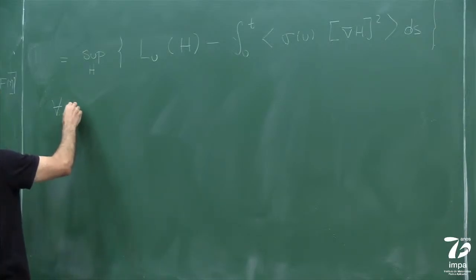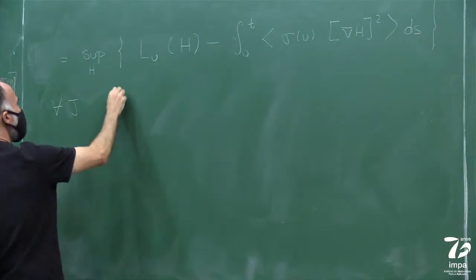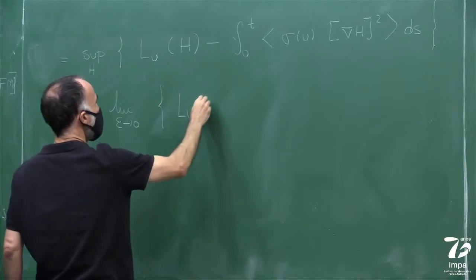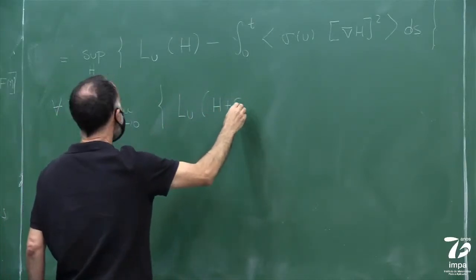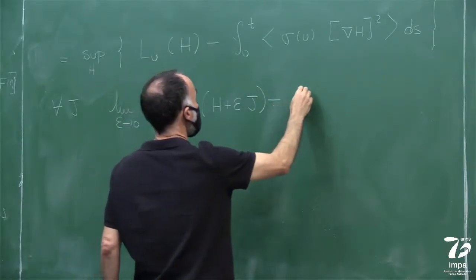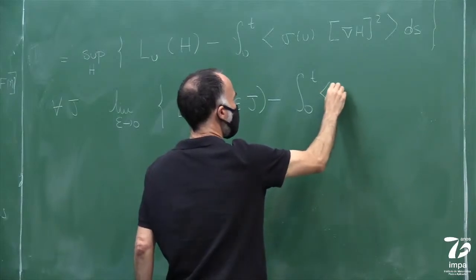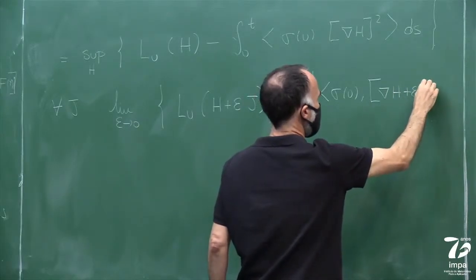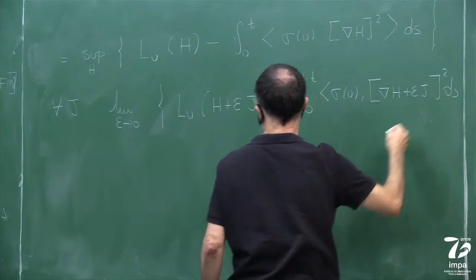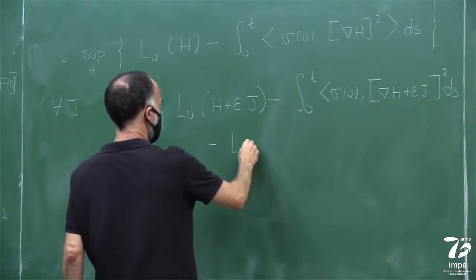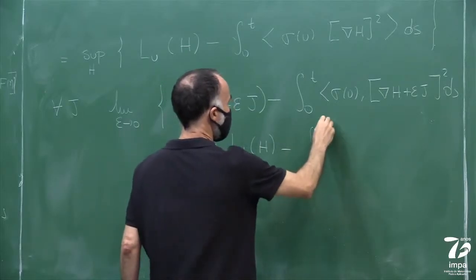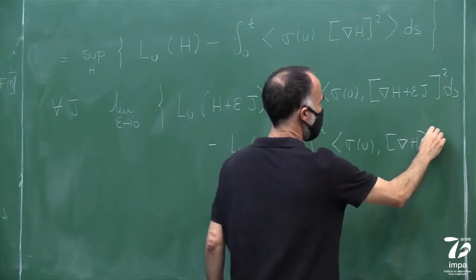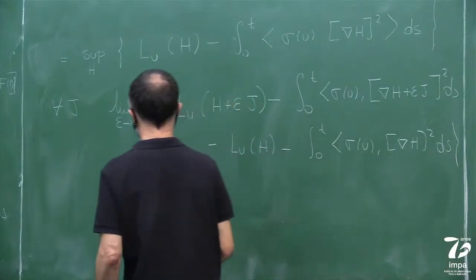for all functions j, the limit as epsilon goes to 0 of L_u(h plus epsilon j) minus L_u(h), divided by epsilon, is equal to 0 for all j.